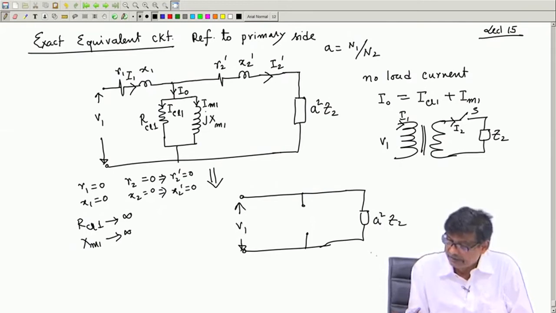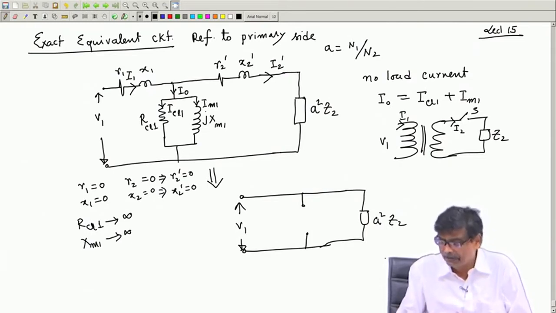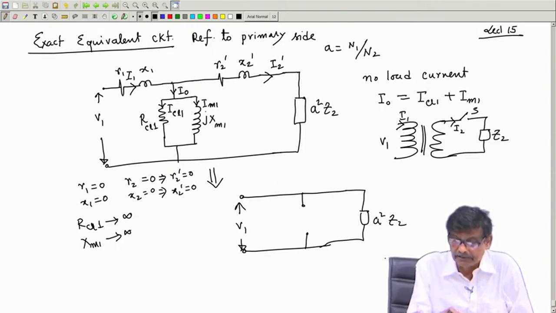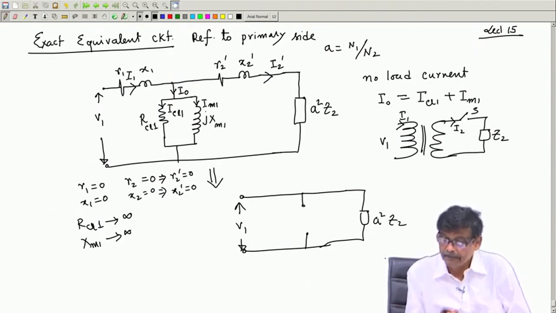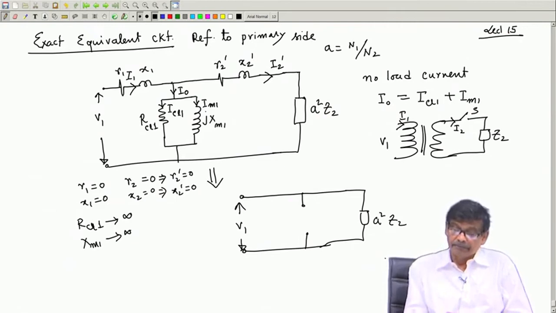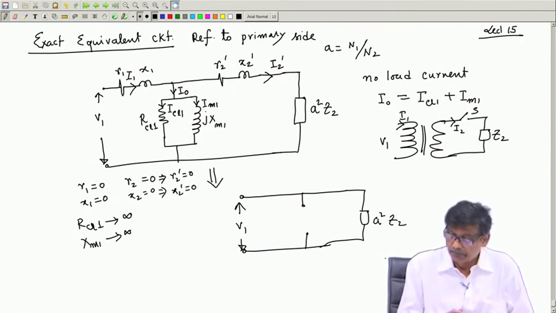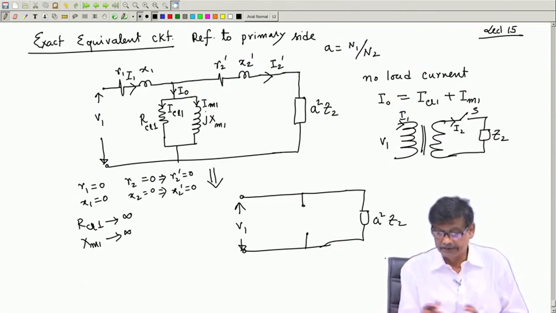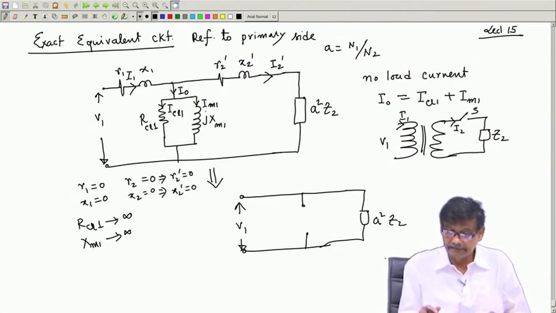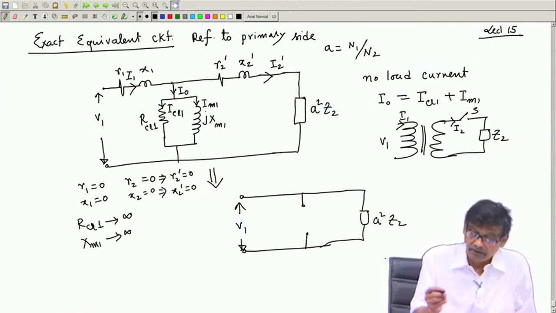Is not this the equivalent circuit of an ideal transformer? So, always keep this in mind. Okay. These impedances are small and so on. Okay. If somebody wants to draw the equivalent circuit referred to the secondary side of the same thing, that is, to the load side, how will it look?